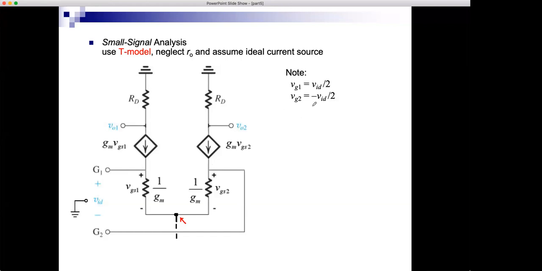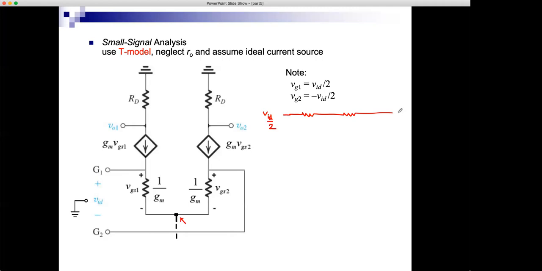let's see. I will redraw this part of the circuit, and this is what we have. Okay, this is the first gate, which is VID over 2.